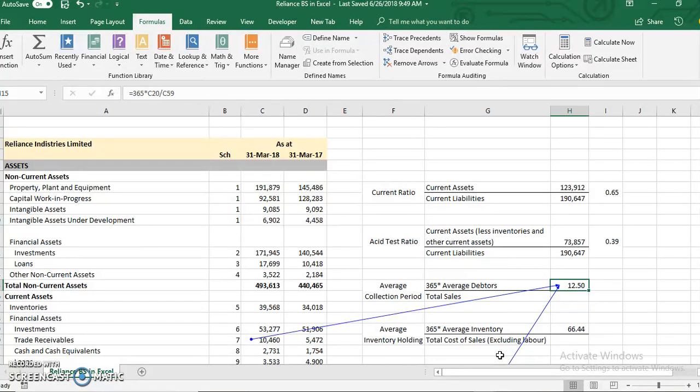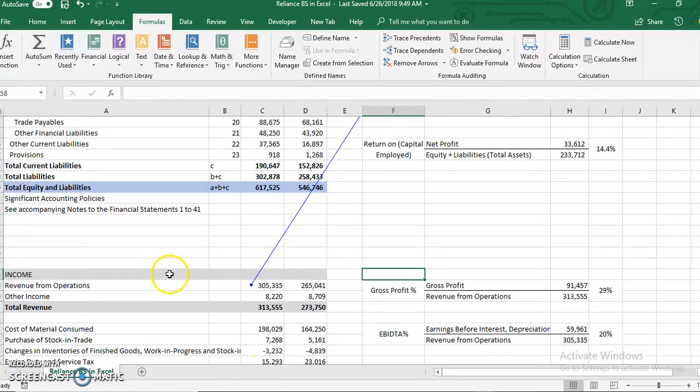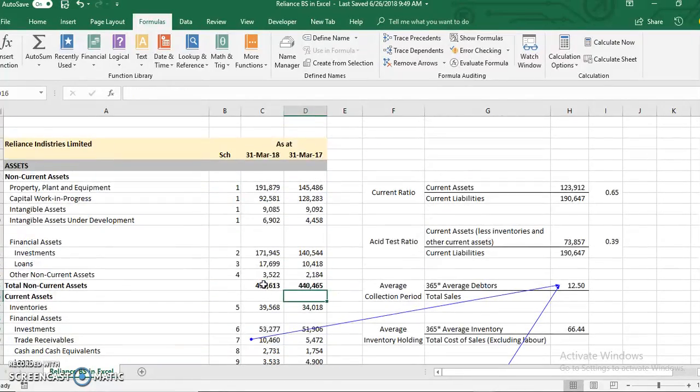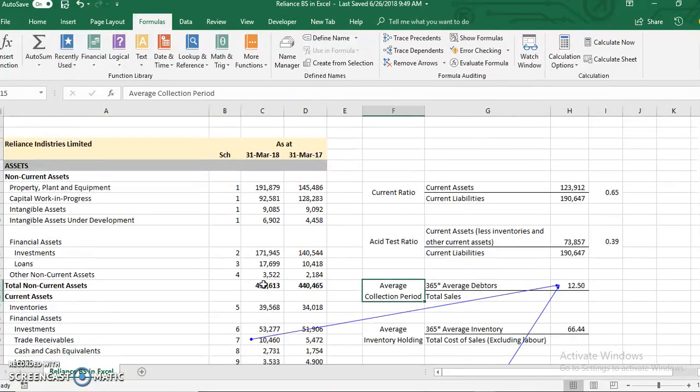Here it shows the average collection period is 12, which is pretty low. It must be because we don't have the credit sales available for this company in this case. But let's say, what if it was half of it? Let's say half of the sales was on credit. So we can go into the formula and change it, dividing by 2.